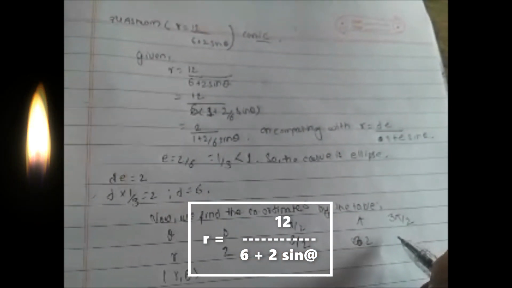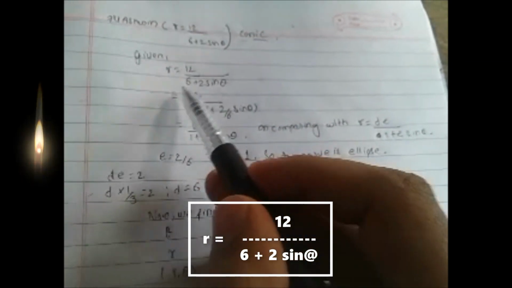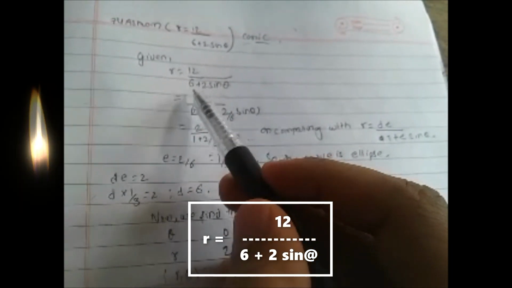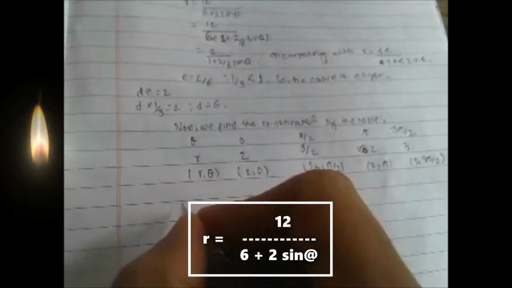And 3 pi by 2, sin would be minus 1, so 6 minus 2 would be 4, and 12 by 4 is 3. So the coordinates are 2 comma 0, 3 by 2 comma pi by 2, 2 comma pi, 3 comma 3 pi by 2.